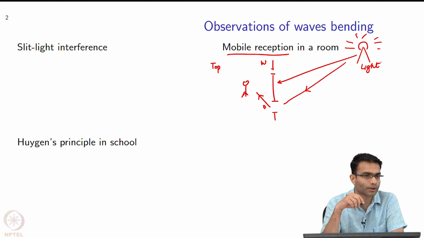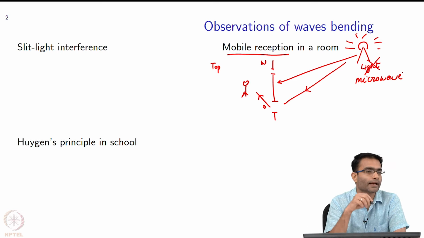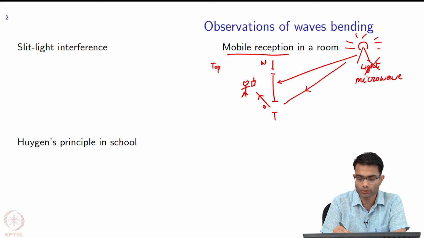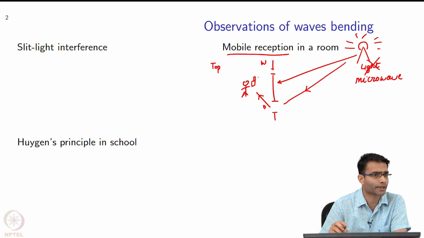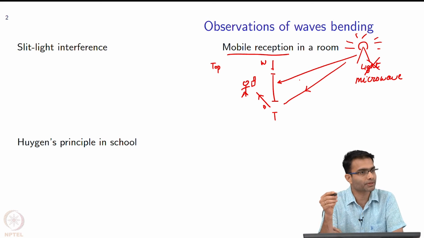Of course not. There is no line of sight, you can't see the tower. But thankfully, it's not light, it's a microwave, and empirically we find that we are able to get reception on our phone over here, even though there is no line of sight. So, there is some idea that the wave is somehow bending around obstacles and we are able to receive it.